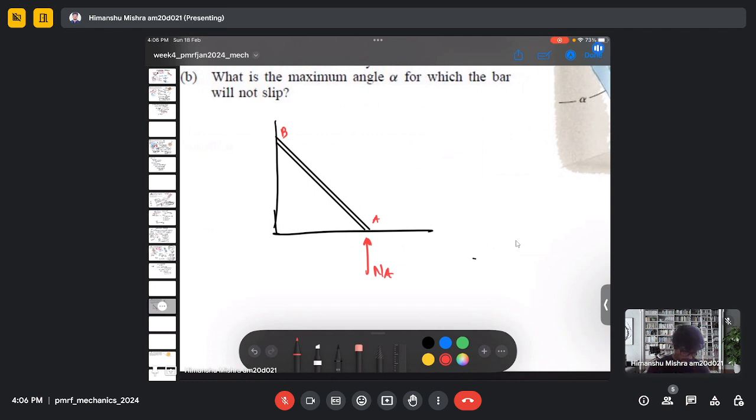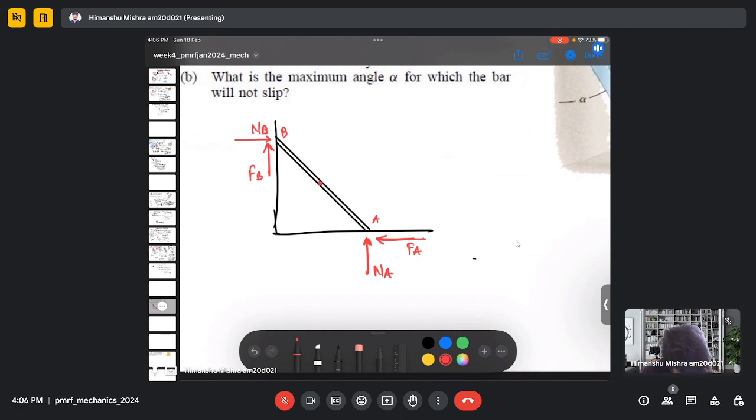So the friction force will act in the left direction. And at the same time, it will go down like this. So the friction force will be in the opposite direction, in the upward direction. And this is my normal reaction at B and the friction force at B.